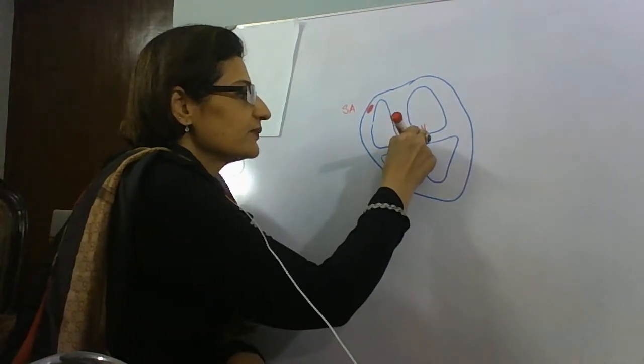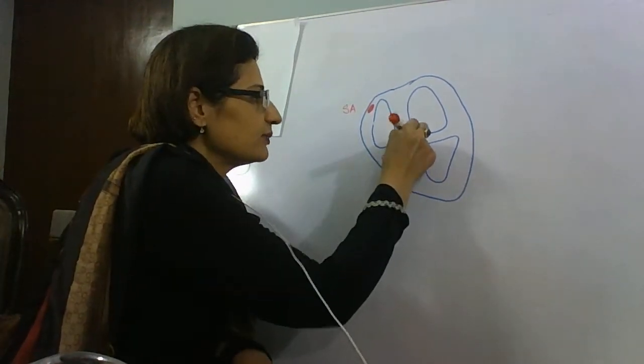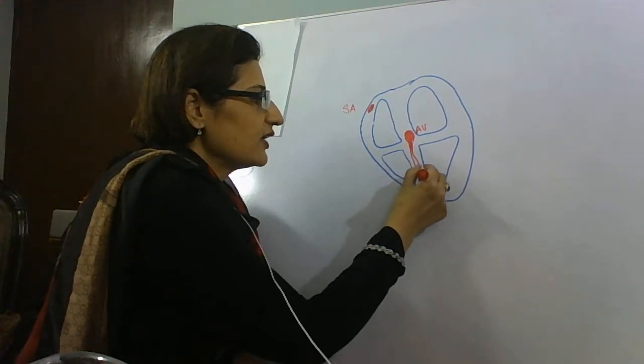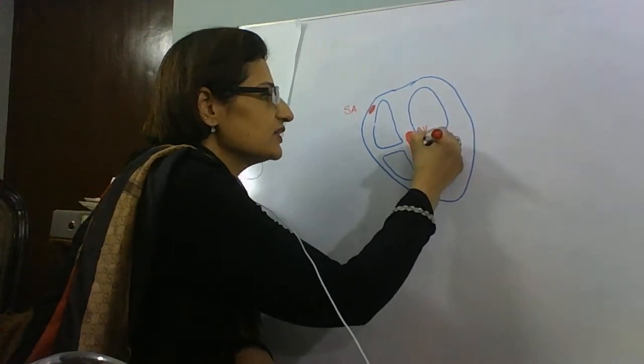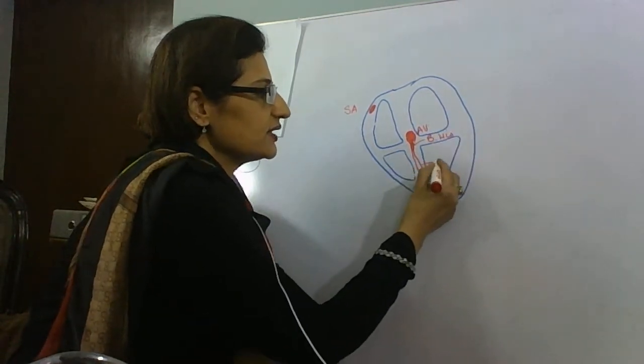Then we have the bundle of His, and the bundle of His divides into right and left. So this is bundle of His. This is the left bundle branch.